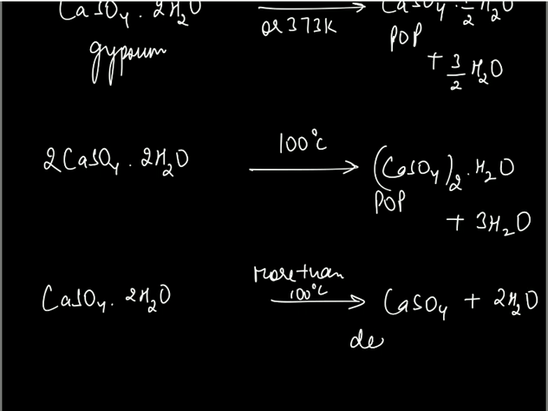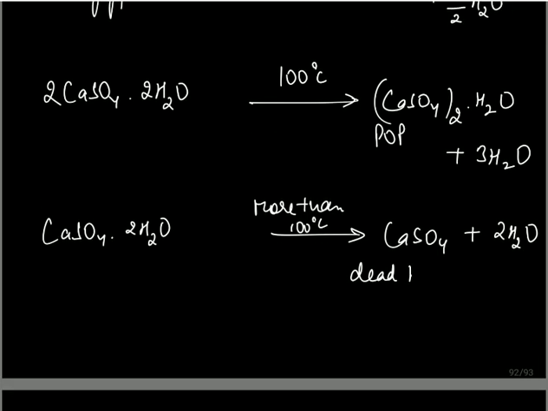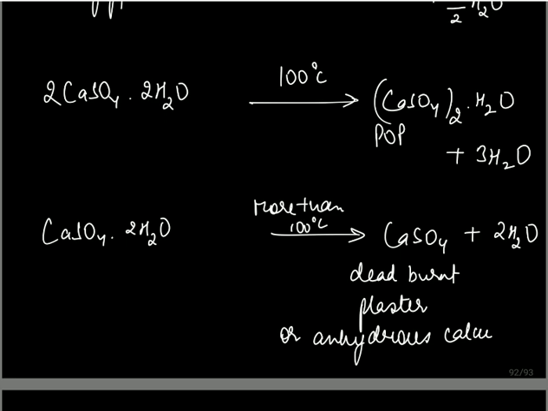This is what we call dead burnt plaster, or anhydrous, that means without water, calcium sulfate. It's not like it's going to change into some black substance, something like dead burnt plaster.